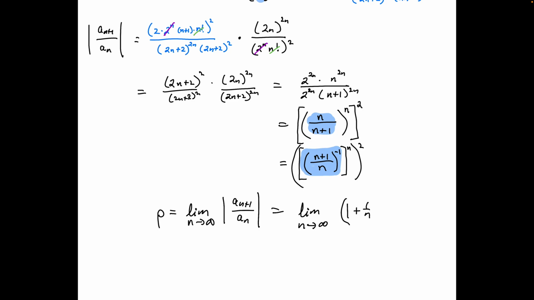That's being raised to the n. And then all of that is being raised to the -2. By properties of limits, we can save raising to the power -2 to after computing the limit. And then this limit we can recognize is e. So this is e to the -2, and e to the -2 is less than 1.